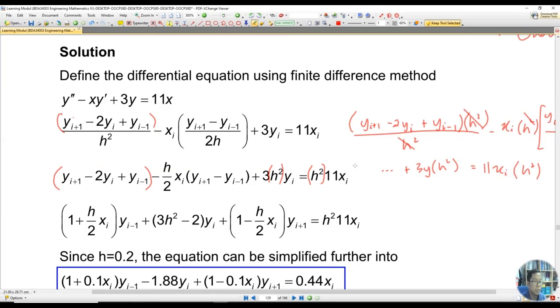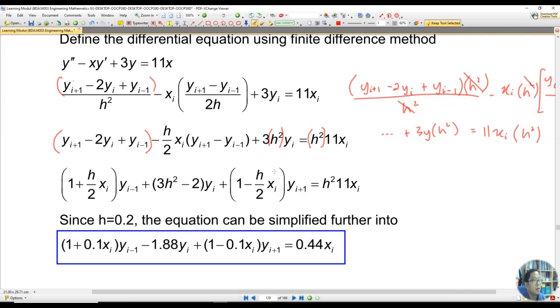The rest you just rearrange based on this arrangement.